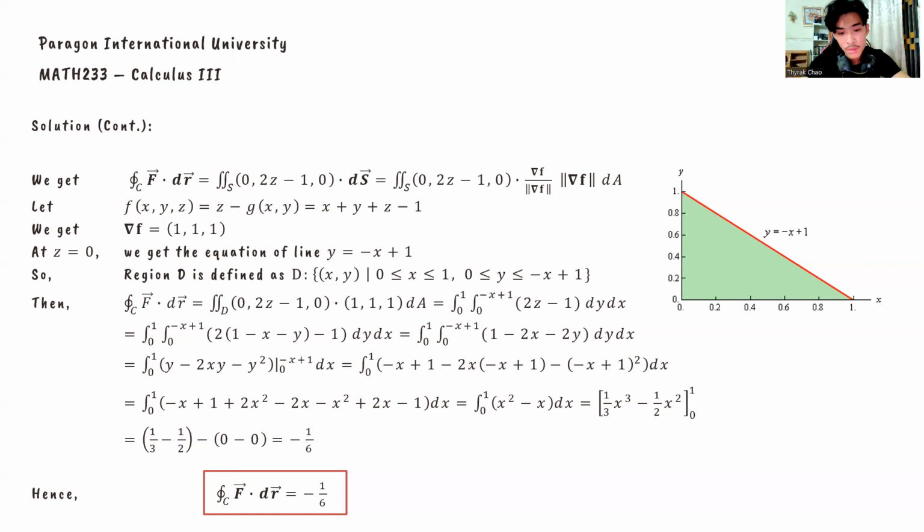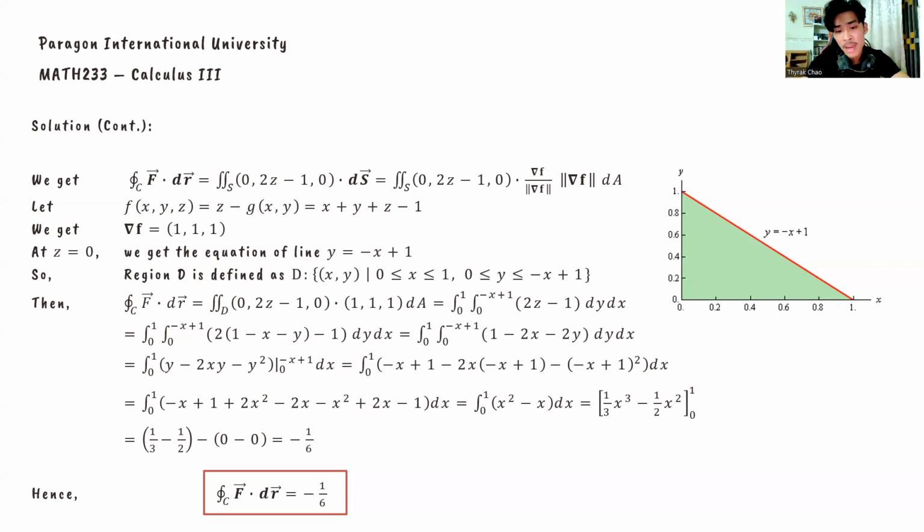Now let D be the triangle region in the XY plane that we see in the picture. We get the equation of the line as y equals minus x plus 1 at z equals 0. Then D is the region defined as the set of points (x, y) where x is between 0 and 1 and y is between 0 and minus x plus 1.